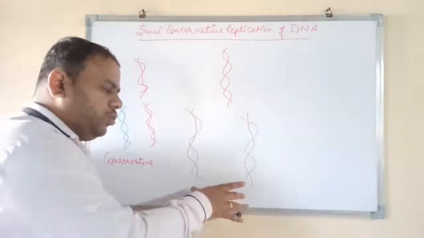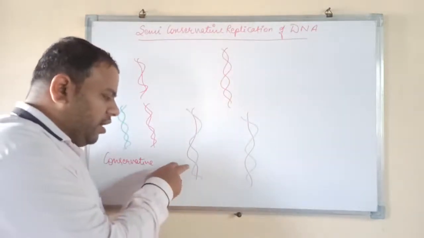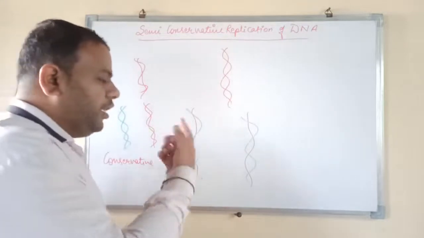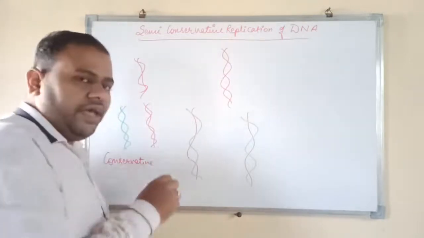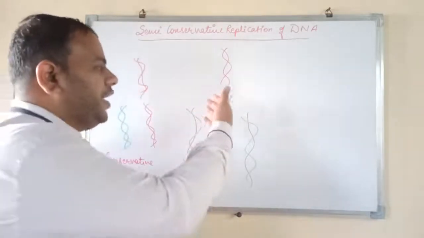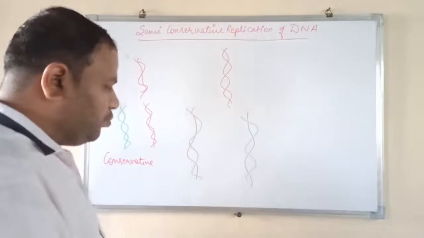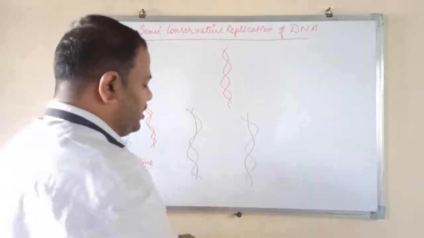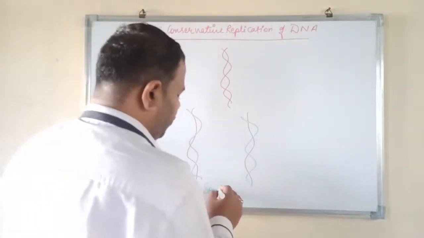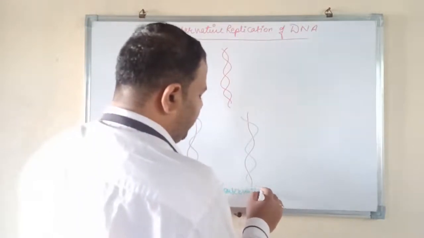Means in these two offsprings, one DNA strand will be newly synthesized, that is green colored here, and the other DNA strand, that is red colored here, will be the parent DNA. So half of the parent DNA is retained. This mode of replication is called the semi-conservative mode.